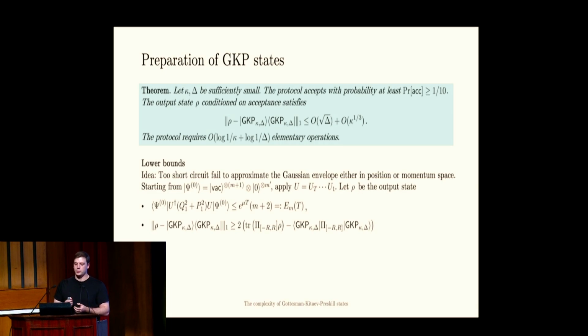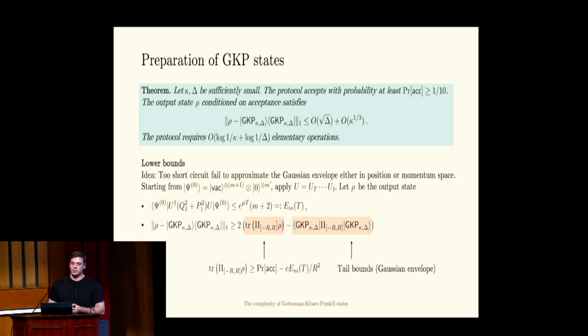With this, we can lower bound the distance of this output state to the GKP state in terms of the projection on an interval from -r to r in position, and similarly in momentum space. Crucially, the first term can be lower bounded in terms of these energy upper bounds, and the second part can be upper bounded easily by some tail bounds, because the GKP states have a Gaussian envelope, as I said.